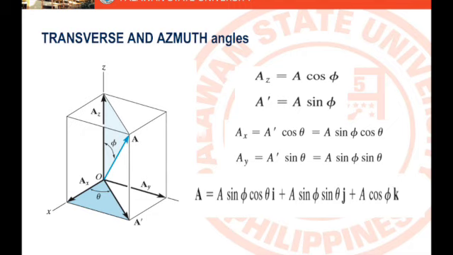Okay, so let's introduce another concept, the concept of transverse and azimuth angles. We're having the same vector A here, and we have here two measurements of angles. This one, phi, denotes the azimuth angle.